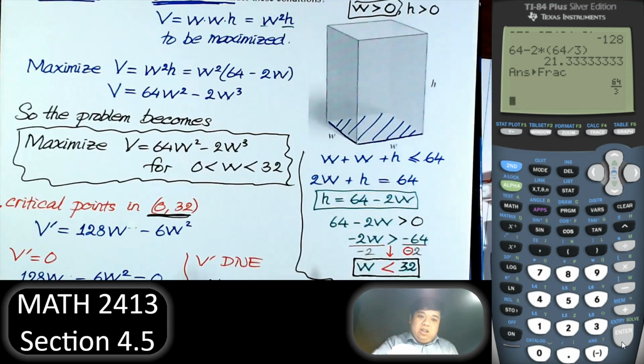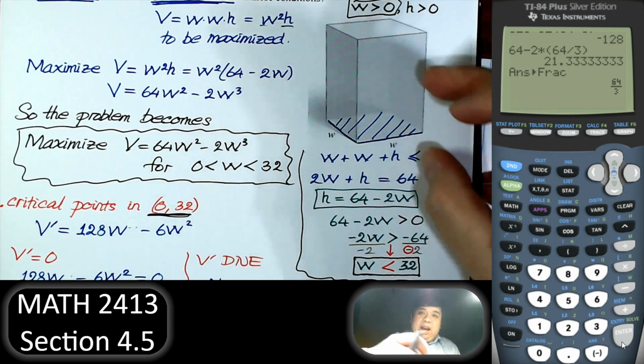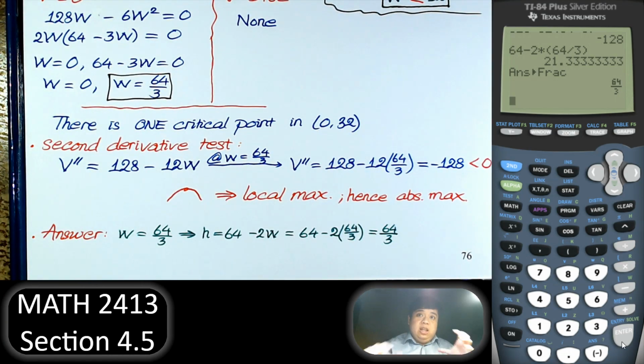This is a square base, so the width times the width and the height turn out to be the same thing. So the answer is it's going to be a cube. 64 over 3, so it's about 21.3 inches. So if we want the box with the maximum volume, it's going to be a cube, 21.3 inches on each side, to maximize the volume.